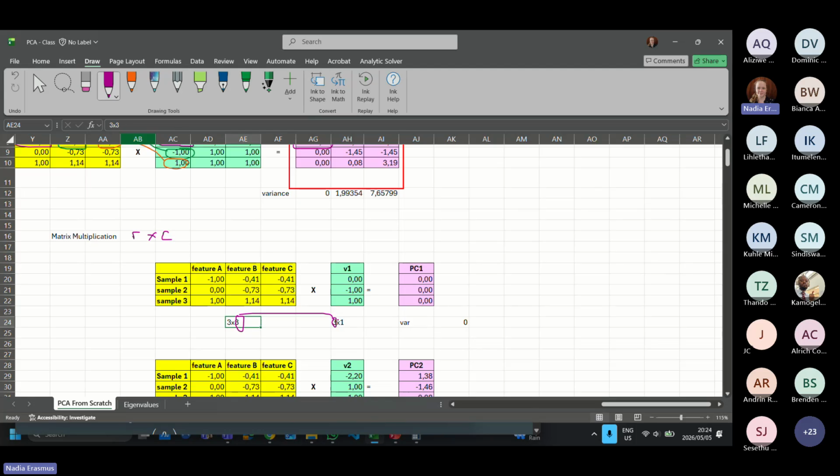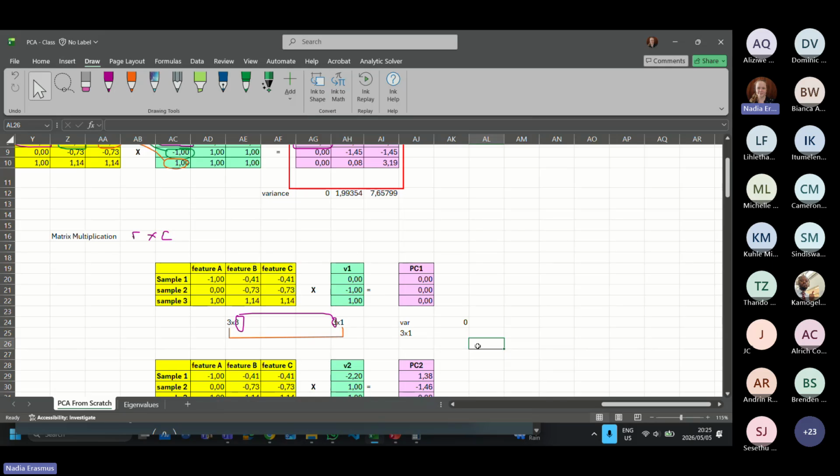If these two values were different, then it could not be multiplied. But in the end, it's going to be the outside, so it's going to be a 3 by 1 matrix. So if you see here, this one is a 3 by 1 matrix.